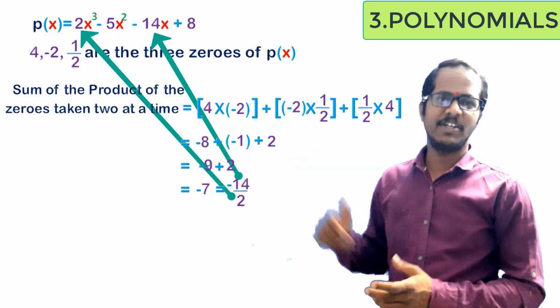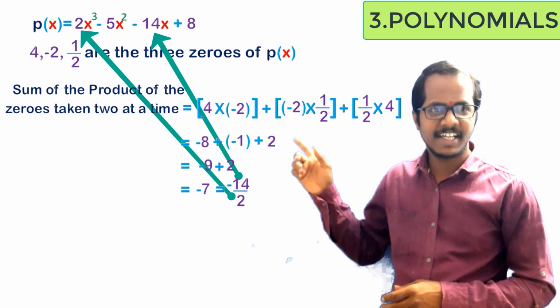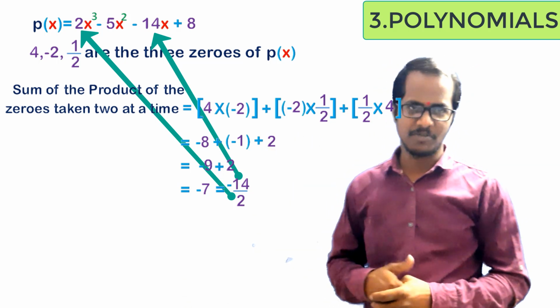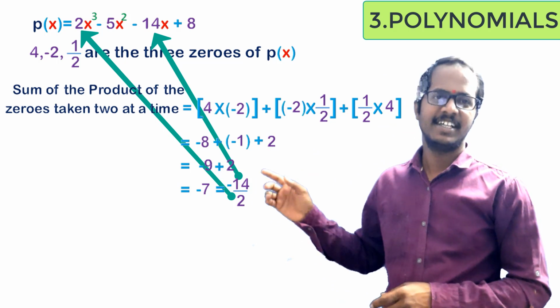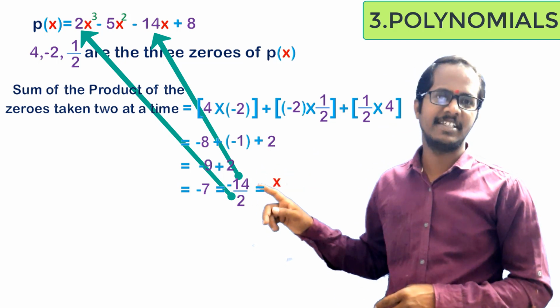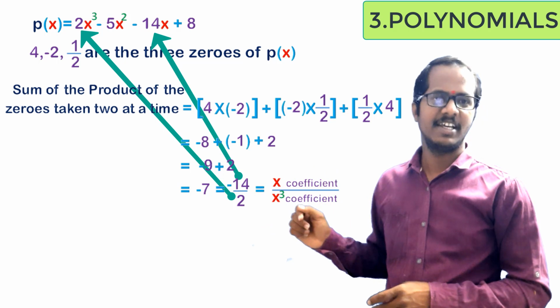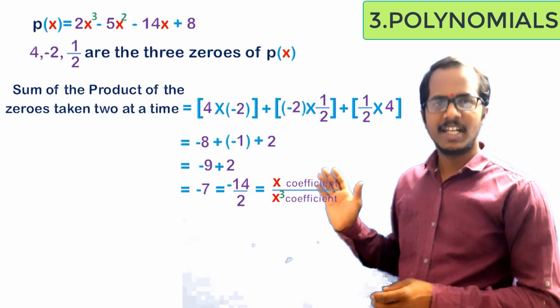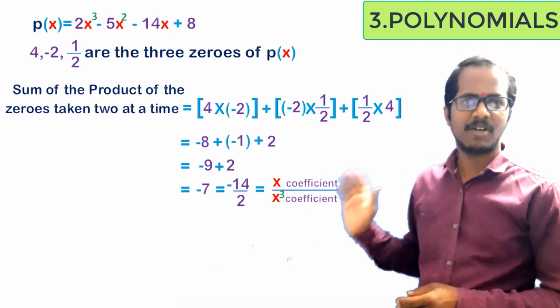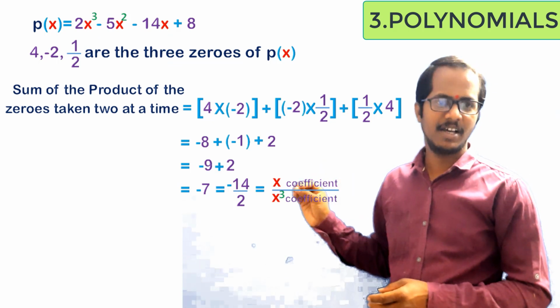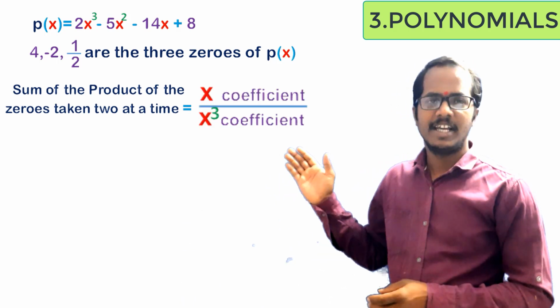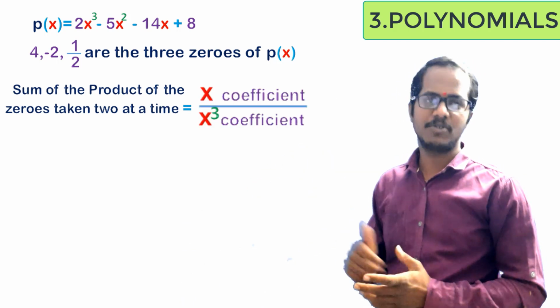See, in the given cubic polynomial, minus 14 is the x coefficient and 2 is the x cube coefficient. So that means this minus 14 by 2 can be written as x coefficient by x cube coefficient. So the relation between the sum of the product of the zeros taken 2 at a time is x coefficient by x cube coefficient.